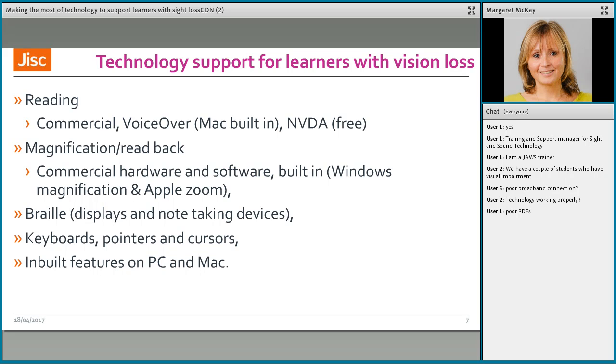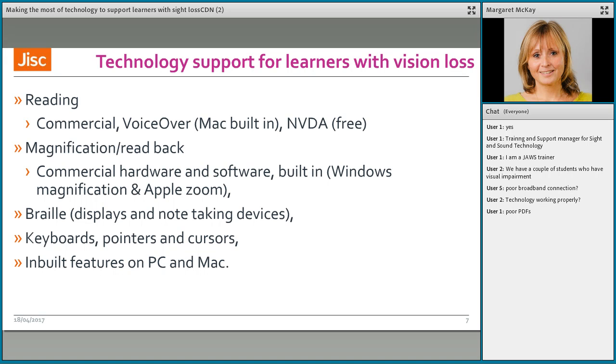Then there are things like keyboard pointers, cursors that can be made larger, and keyboard overlays that can make keyboards easier to read or to access. We saw images of portable braille displays that can connect by Bluetooth to mobile devices, giving students or users tactile feedback. So many of these features are potentially really useful, and we'll think about things that are hidden in plain sight as well.